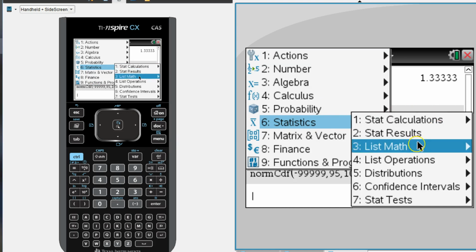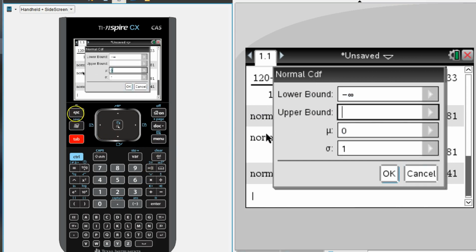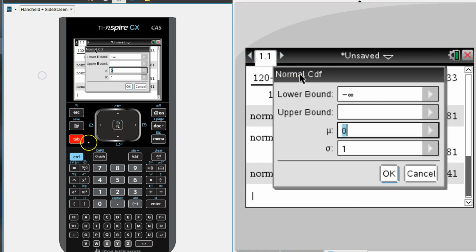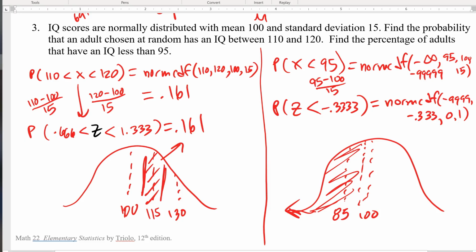Or upper bound of negative 0.333 with a mean of 0 and 1, and about 36.9%. So either way, we get an area of 0.369.